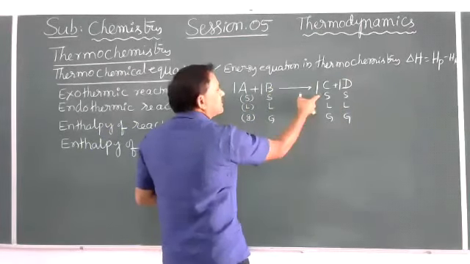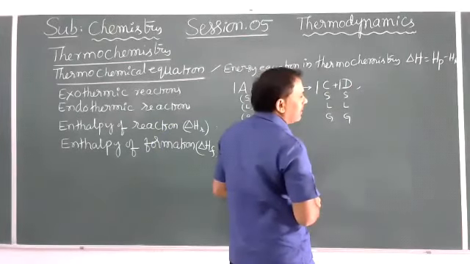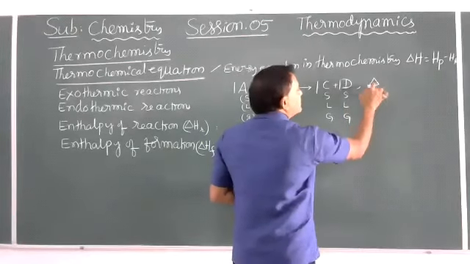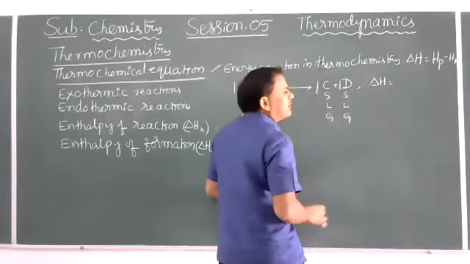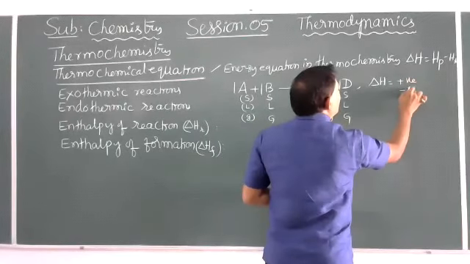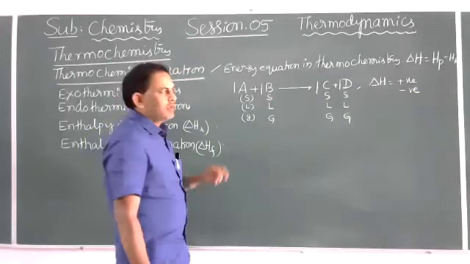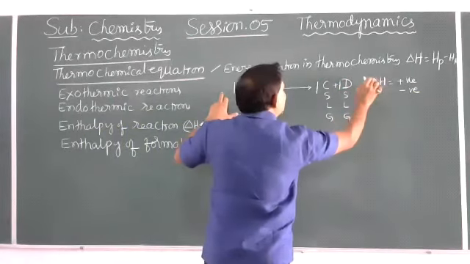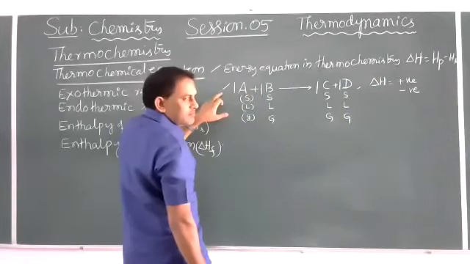During this chemical process, there is a change in heat, internal energy or enthalpy. That change is denoted by delta H, which may be either a positive value or a negative value. Delta H is positive or negative depending upon the type of chemical reaction.